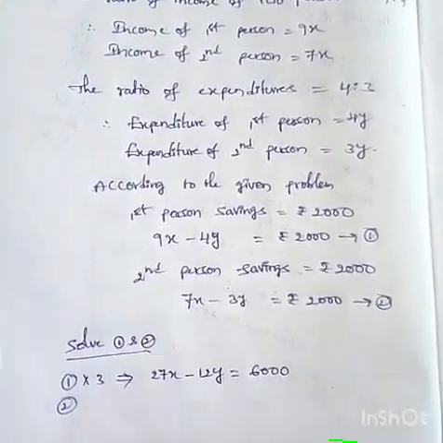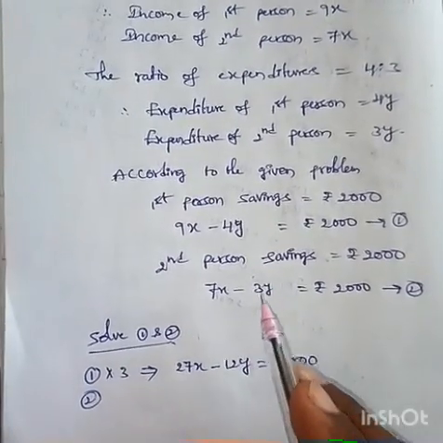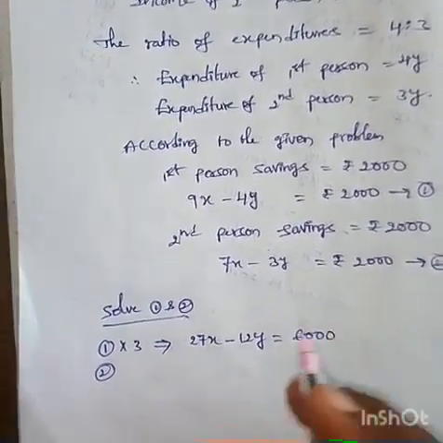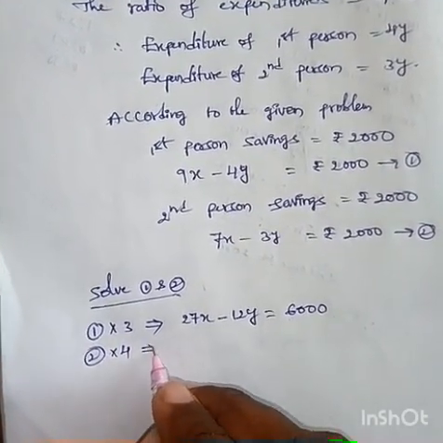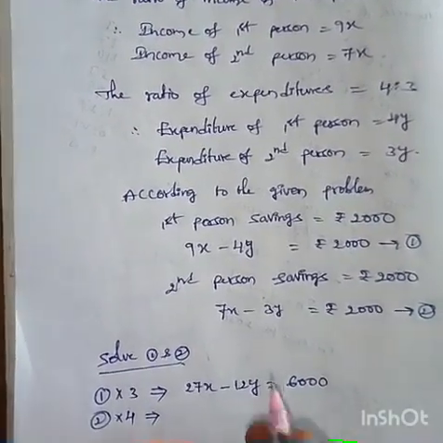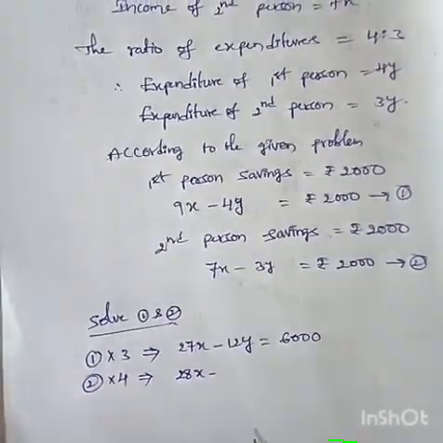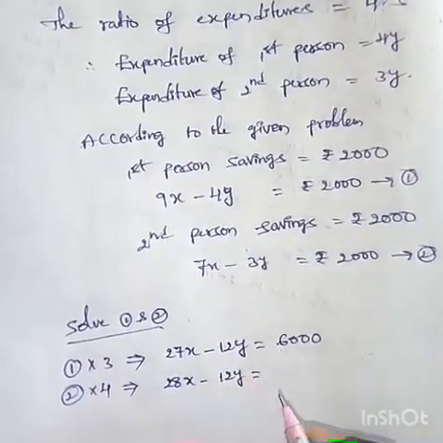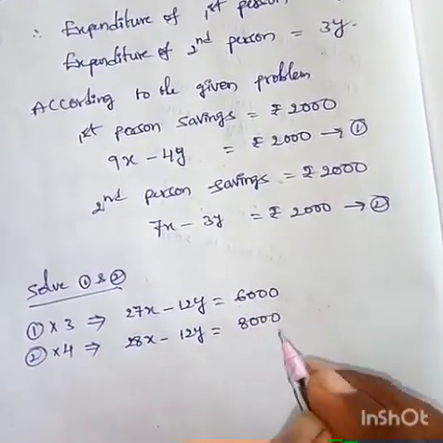And now I am multiplying the second equation by 4 because we need 12y. So I am multiplying the entire equation 2 by 4. 4 into 7, 4 7s are 28x. 4 into minus 3y, minus 12y, is equal to 4 into 2000, that is 8000.